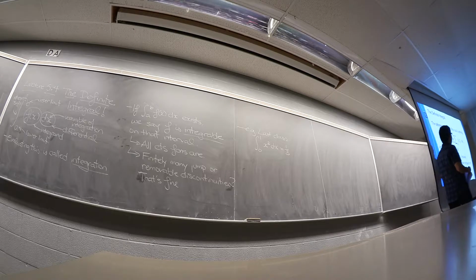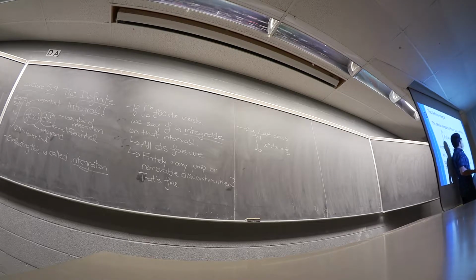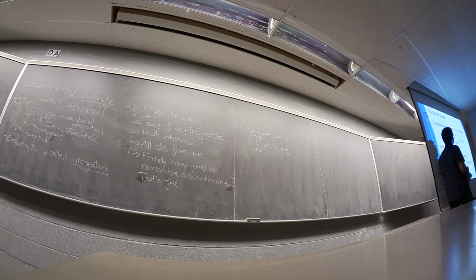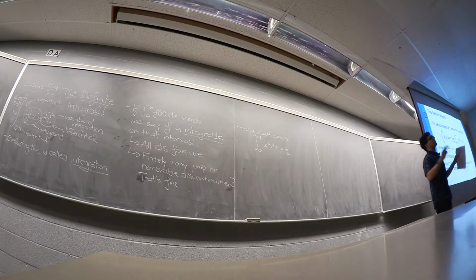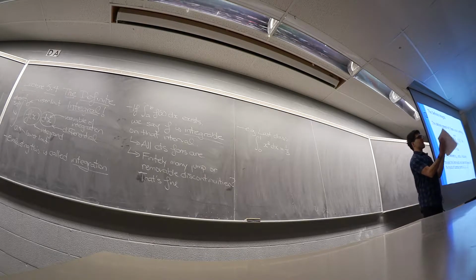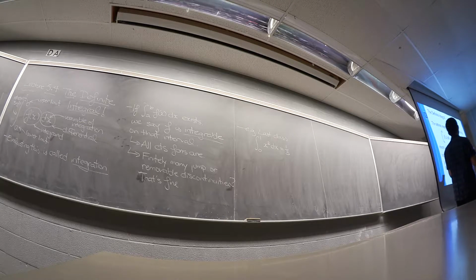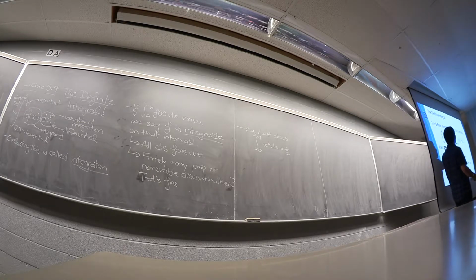Instead of adding up a finite number of rectangle areas, as we did over here, we're going through all x and essentially adding up the areas of those impossibly thin rectangles on a continuum. So as we go from here to here, we're doing something more smooth.